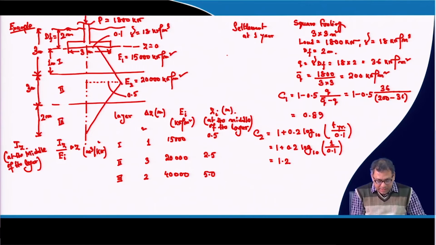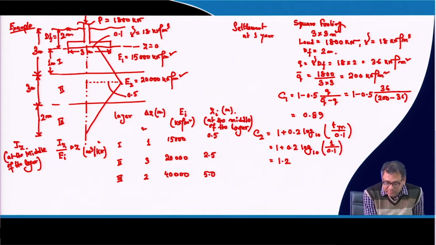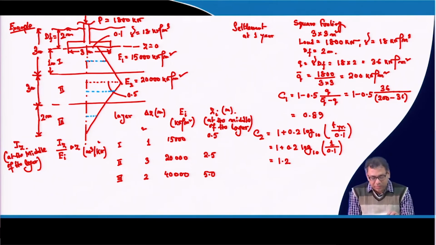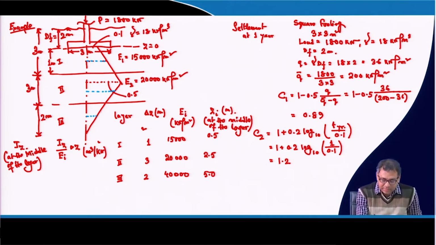So Iz at the middle: here this is the middle portion, here this is the middle portion, and here this is the middle portion. What we have to do is linearly interpolate these values to get the Iz value, because this is the Iz line.